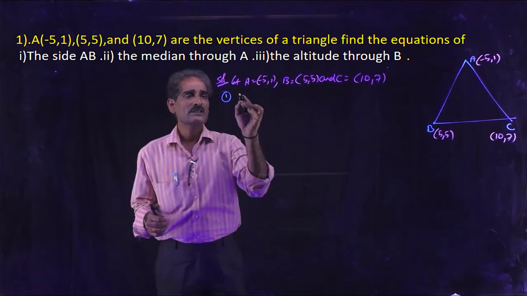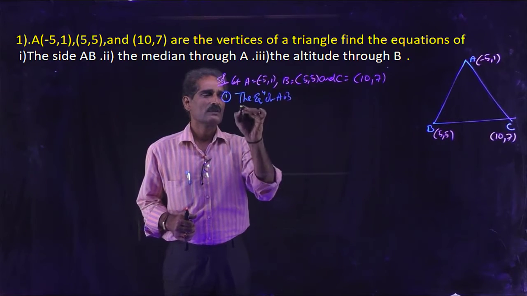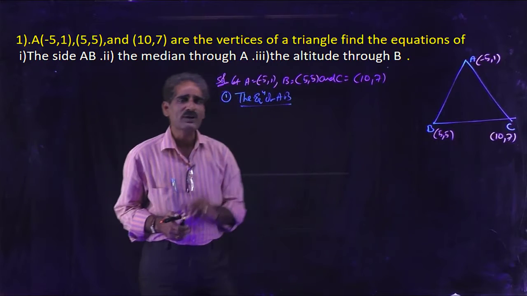Now first one is the equation of AB. Here we have to use two-point form.